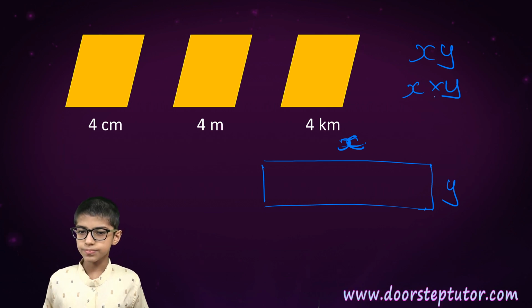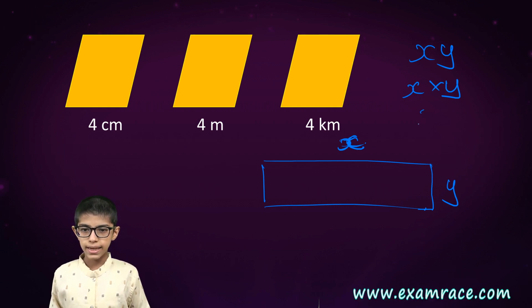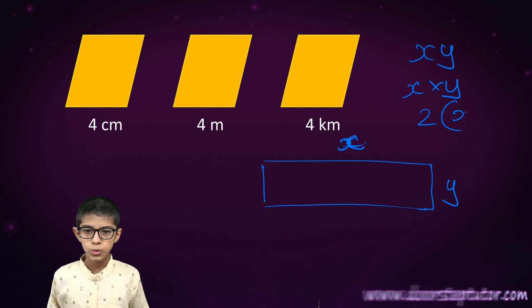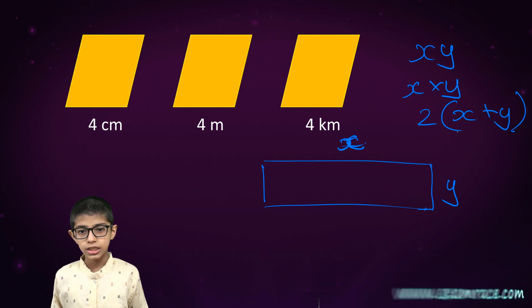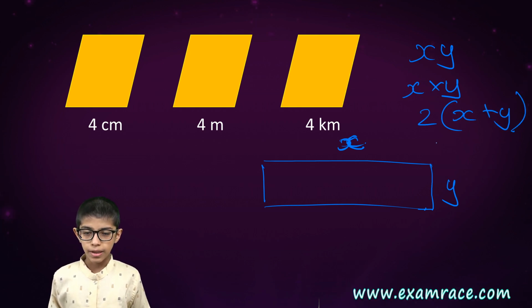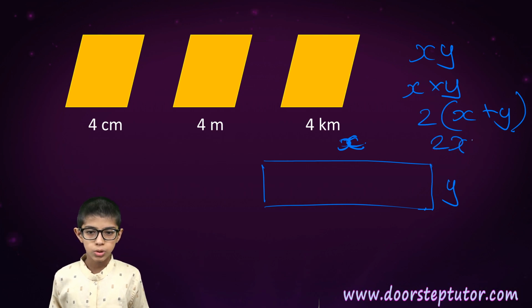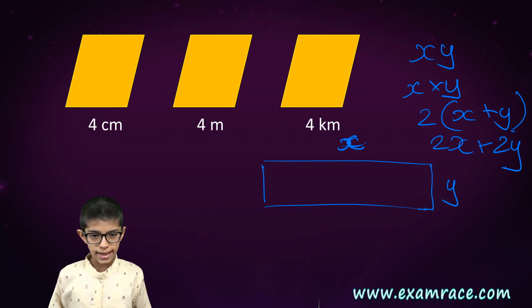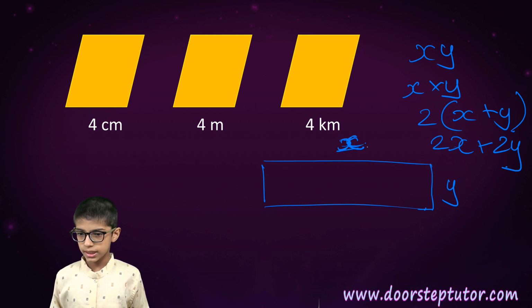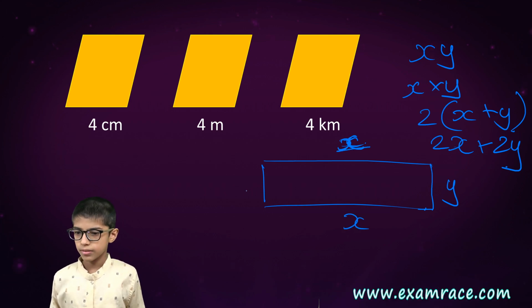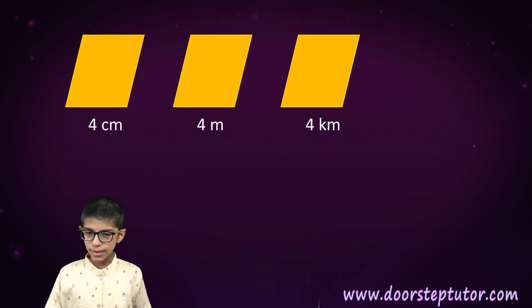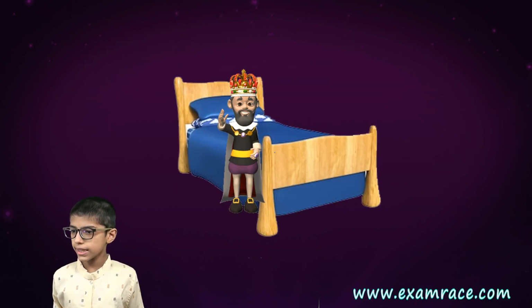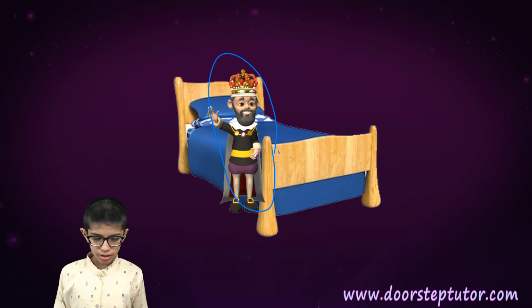And if we want to find the perimeter, it would be 2 into (x plus y) in brackets. We can write this, by the rules of expansion, as 2x plus 2y. Was it simple?